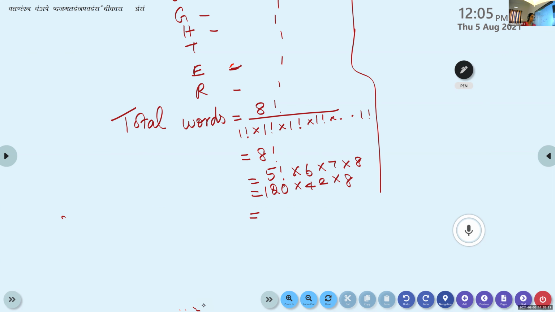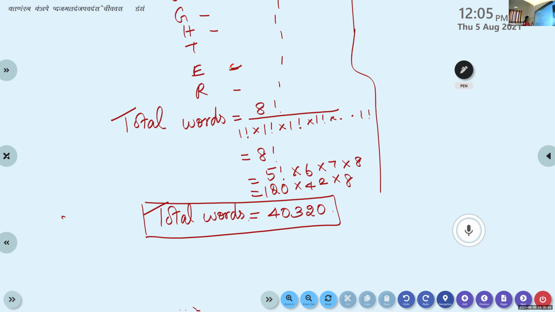What is the final answer, Pooja? 40,320. So this is the total number of words that can be formed.